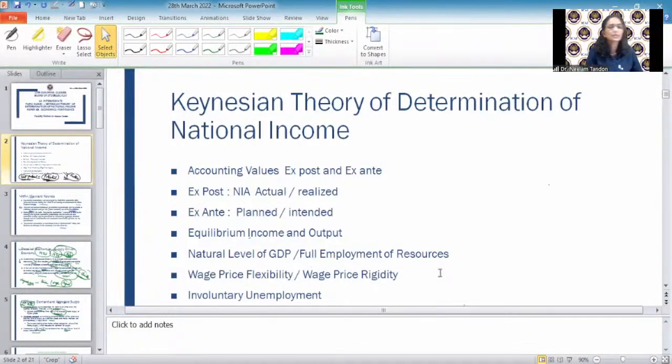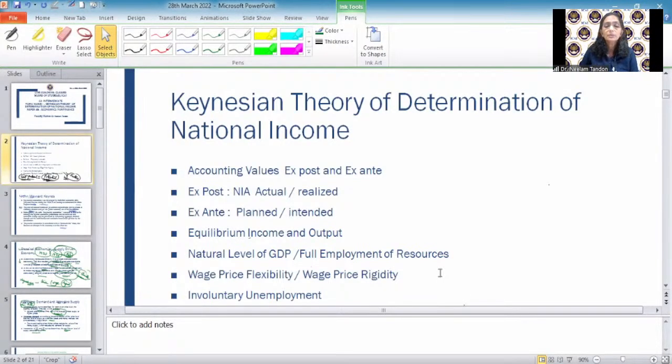What is the difference between John Maynard Keynes' concept of determination of national income and classical economics? That's number one. Number two, what is the difference between deflation, deficit demand, and excess demand?